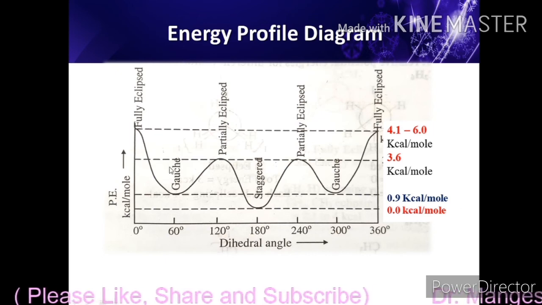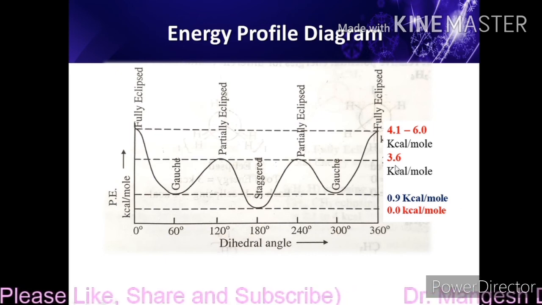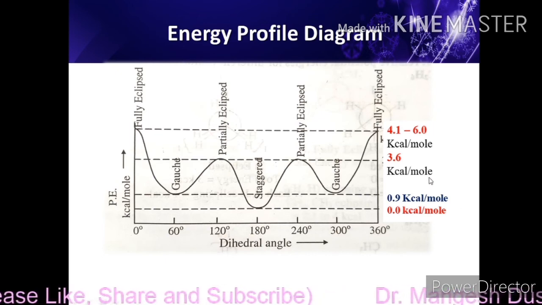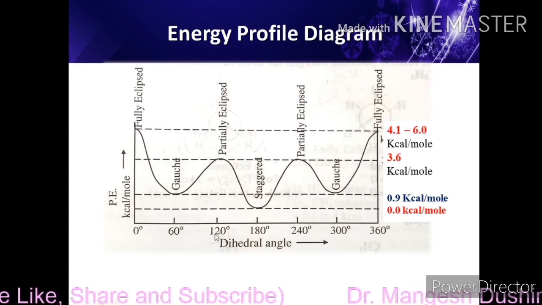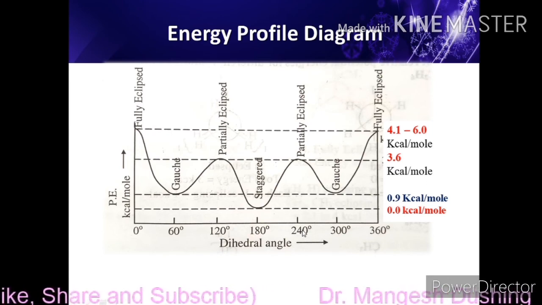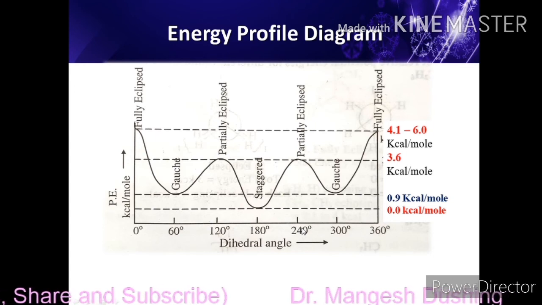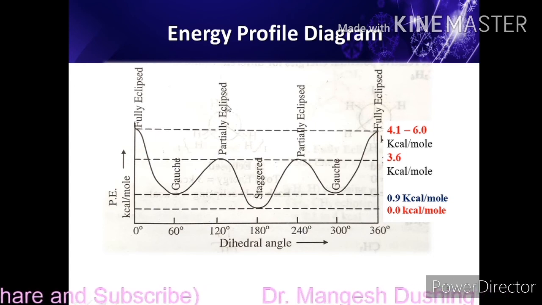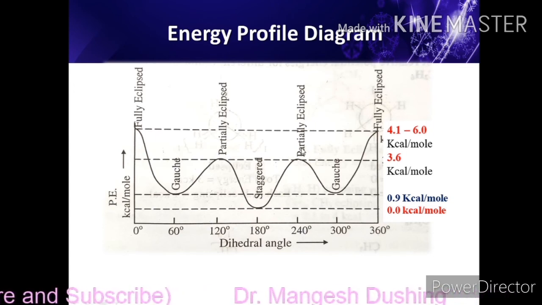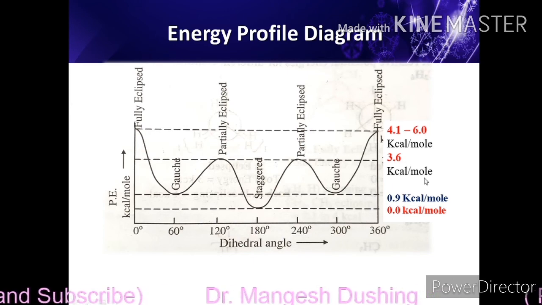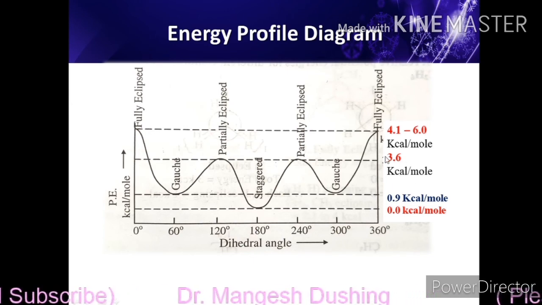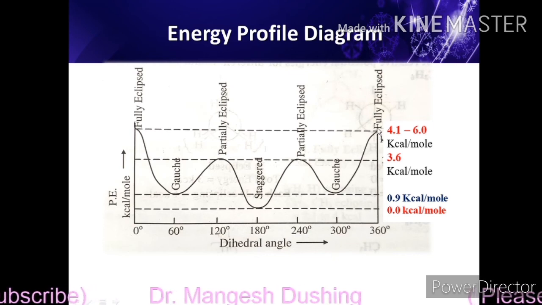These are partially eclipsed, energy is 3.6 kilocalorie per mole, dihedral angles are 120 and 240 degrees. Next is fully eclipsed structure.